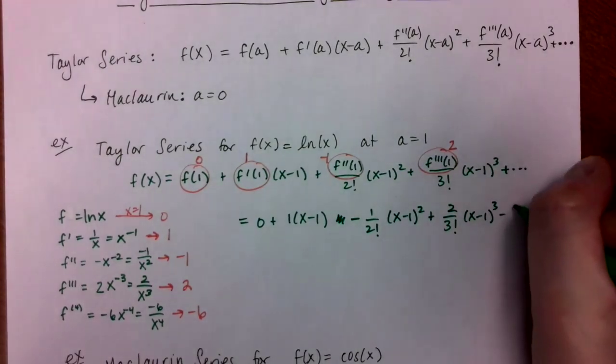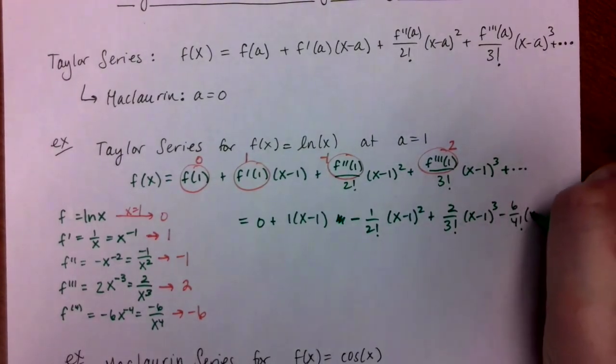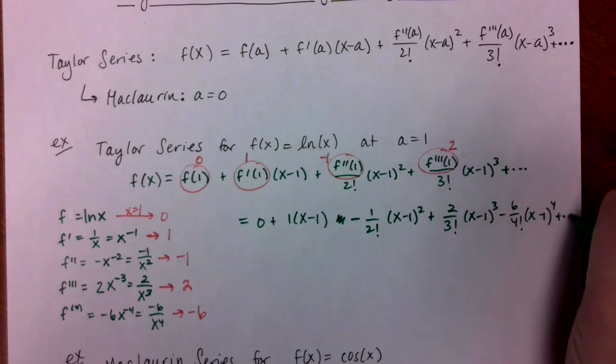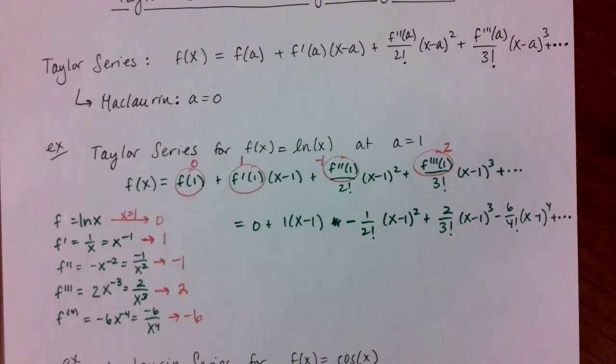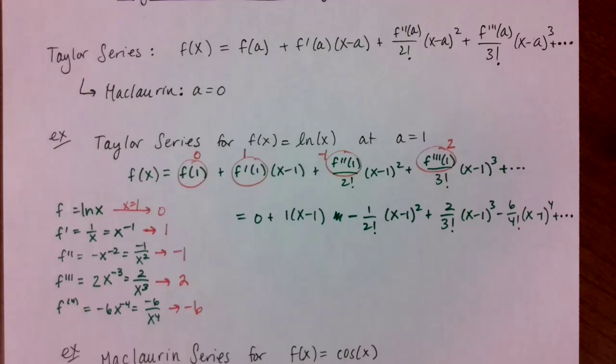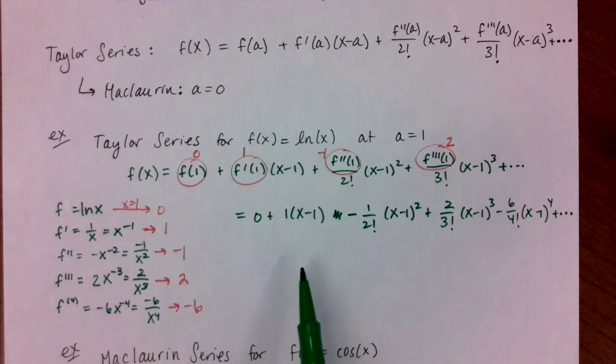We'll have minus 6 over 4 factorial times x minus 1 to the 4th, and continue that forever. I can leave it here. This format is especially useful if I wanted to put this into sigma notation, for example. The only reason I would really want sigma notation is if they asked perhaps for the radius of convergence, something like that, I would need the sigma notation.